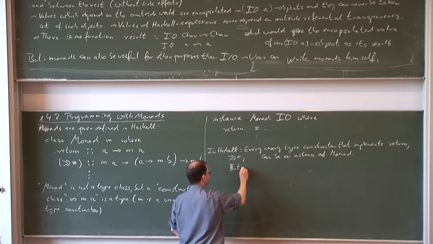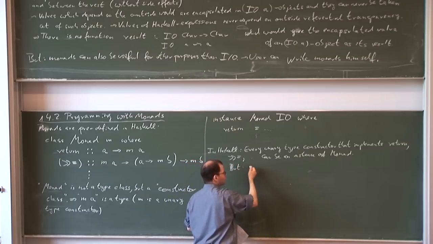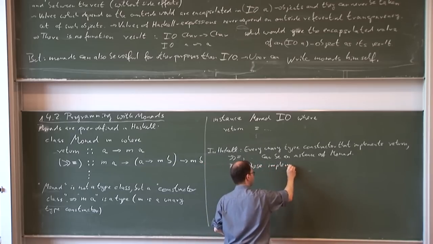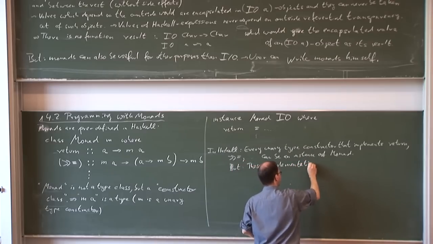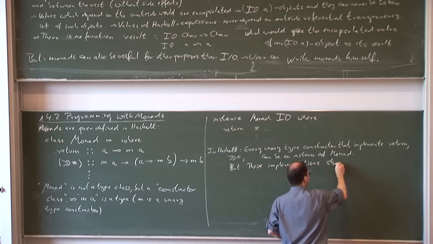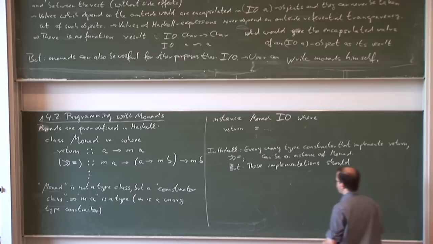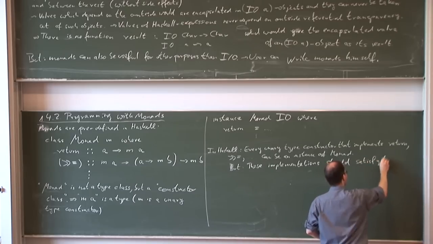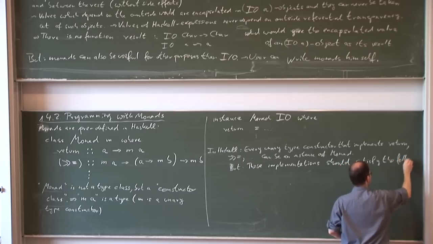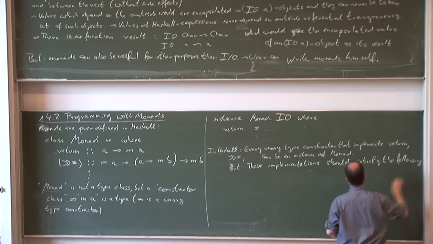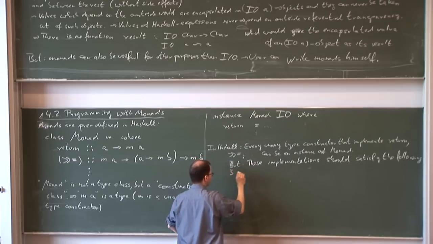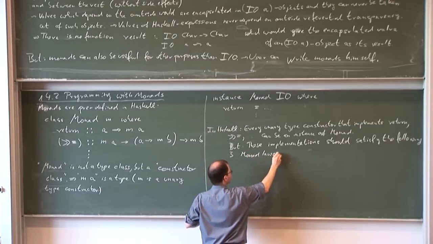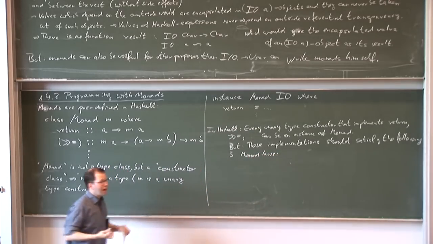Haskell will not check this, but as a programmer you should check it. These implementations should satisfy the following three monad laws. These laws say what return and bind should do.